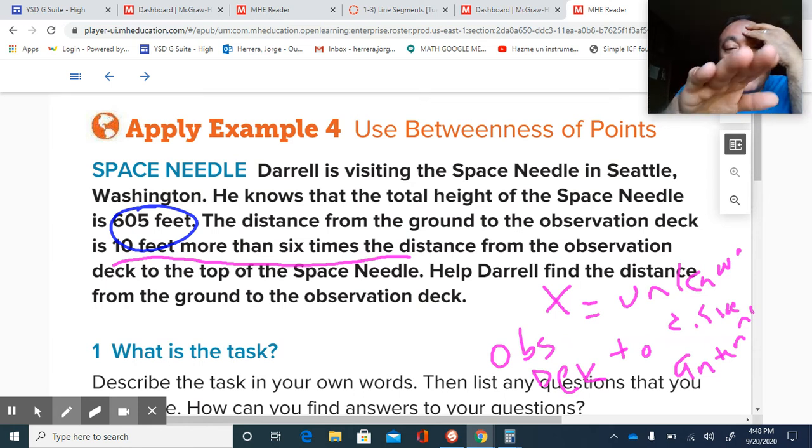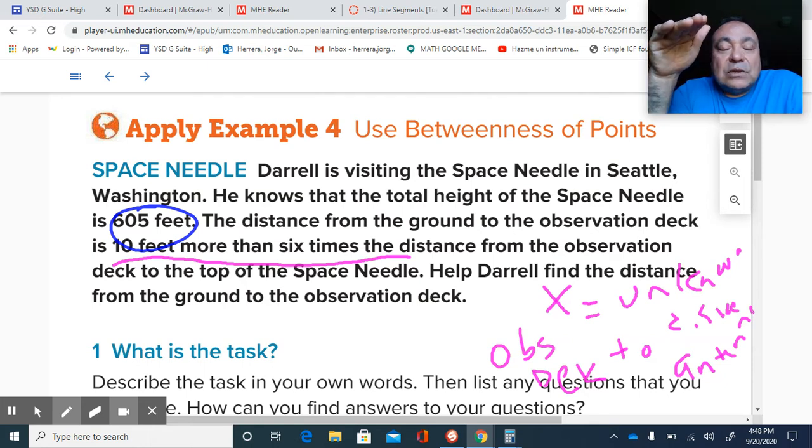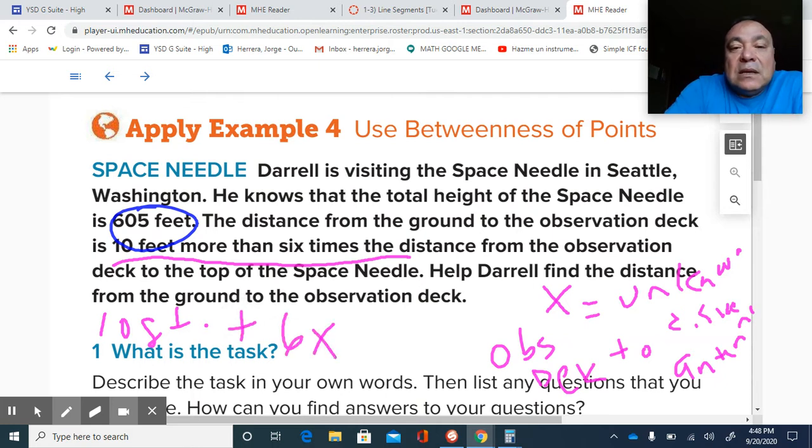But from the bottom to the observation deck, it is 10 feet plus 6 times the distance from the observation deck. Okay, so this one, guys, we need to be careful. So it really is 6x plus 10, that's what we need to consider here.